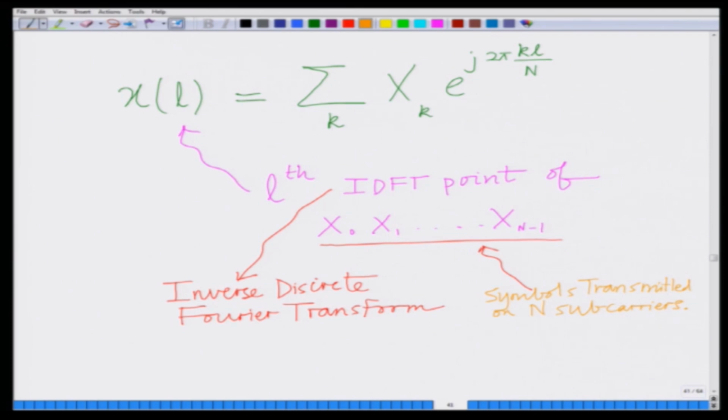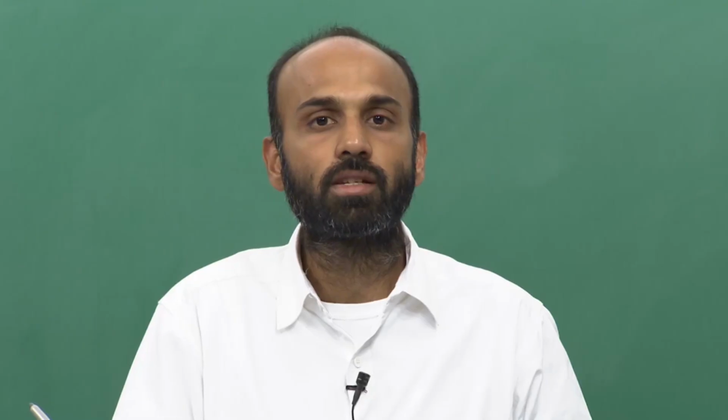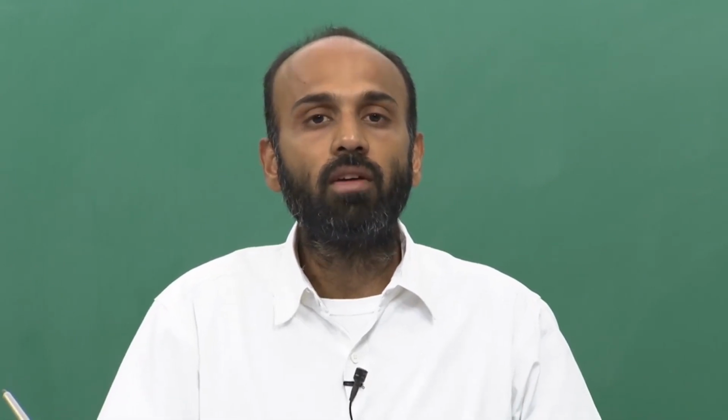So, remember we started out with the problem. The problem is that the transmit signal is difficult to generate because it requires n subcarriers and therefore n oscillators and n modulators. What we are saying is we do not need this requirement.